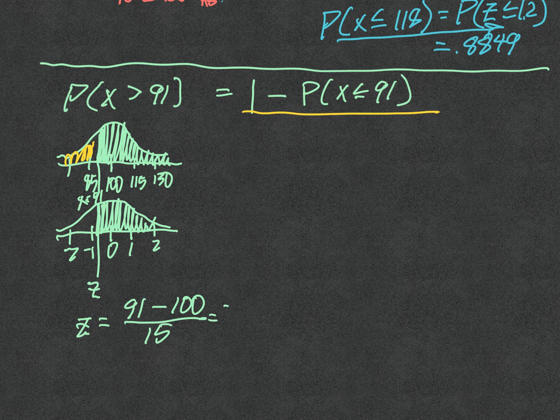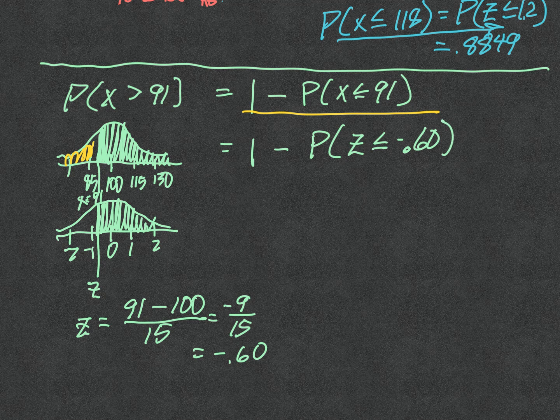And so this is equal to -9/15, which is -0.60. Okay? So this becomes 1 minus the probability that z is less than -0.60. And now all I have to do is look that up on the table.